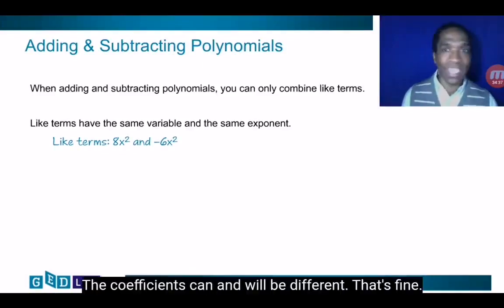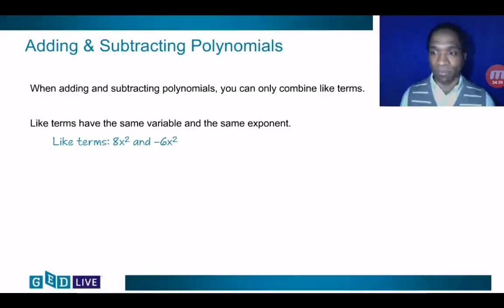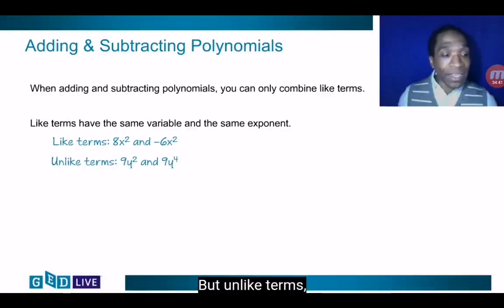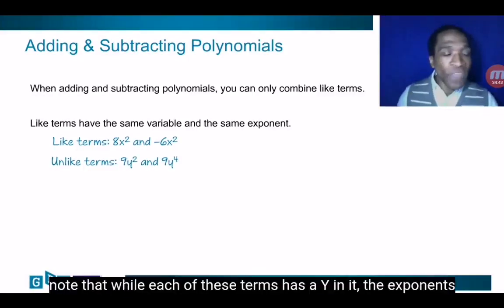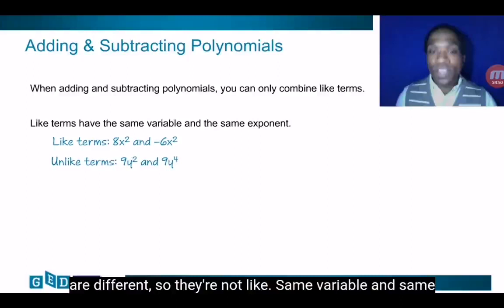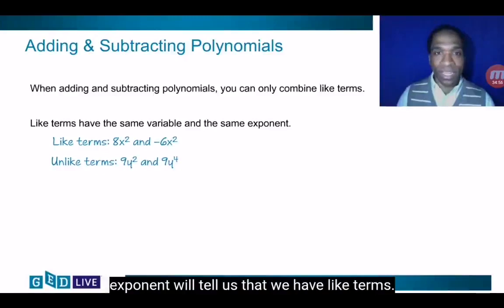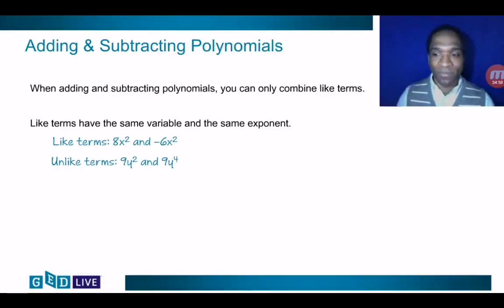The coefficients can and will be different. That's fine. But unlike terms, note that while each of these terms has a y in it, the exponents are different. So they're not like. Same variable and same exponent will tell us that we have like terms.